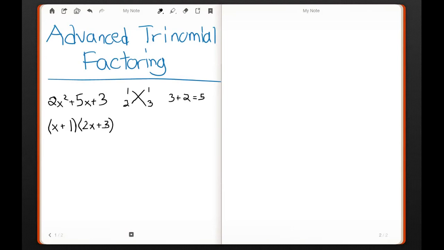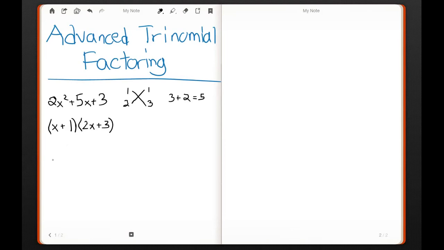And we are done. That is the factored result of this expression. And we can see that that's true if we were to undo this, simplify it back out. x times 2x is 2x squared, plus 3x plus 2x will be plus 5x, and plus 1 times 3 is 3.